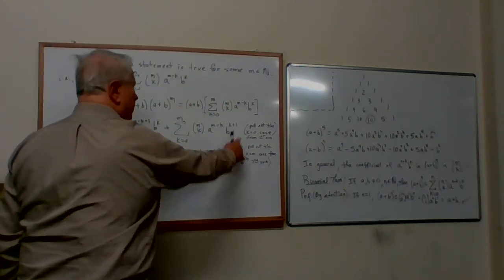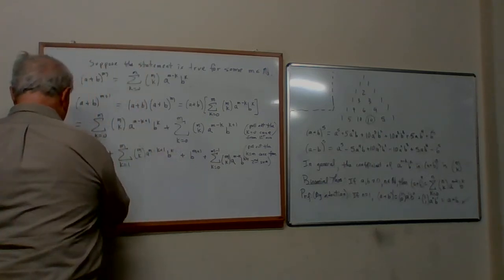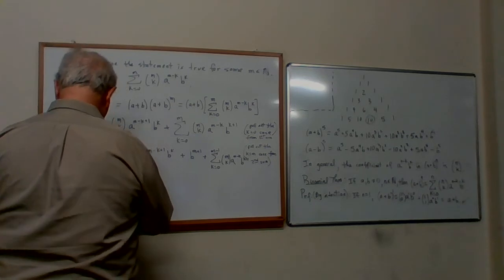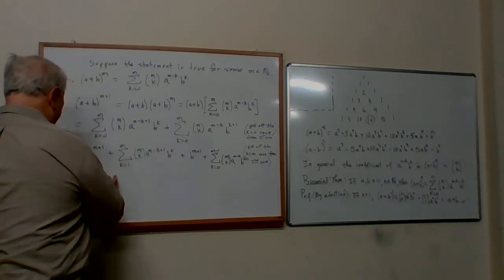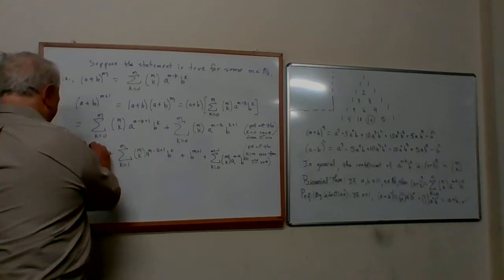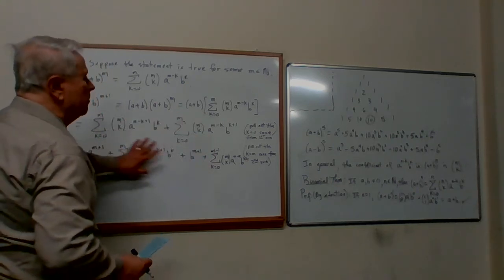Just copying over, this is b to the k plus 1. Okay. Now, copy. So this is a to the m plus 1. This is an m also, sorry. There are no n's in here, they're all m's.